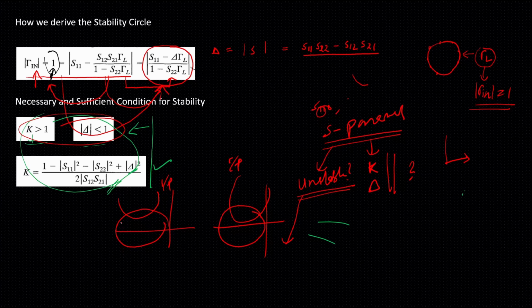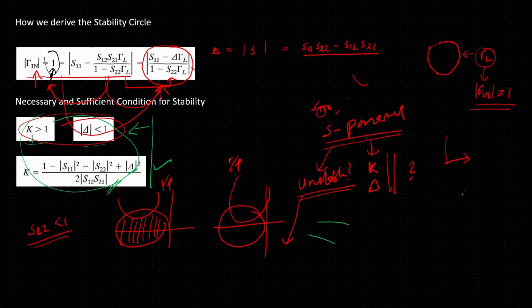So we'll select gamma s in such a way that it resides in our stable region. And how do we decide which part is stable? We see S22. If in the question S22 is less than 1, then this is my stable region. Otherwise, the blank part will be my stable region.